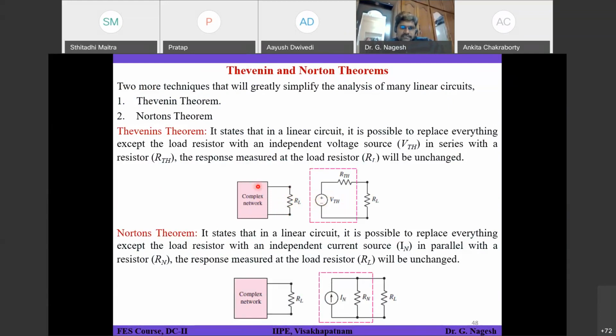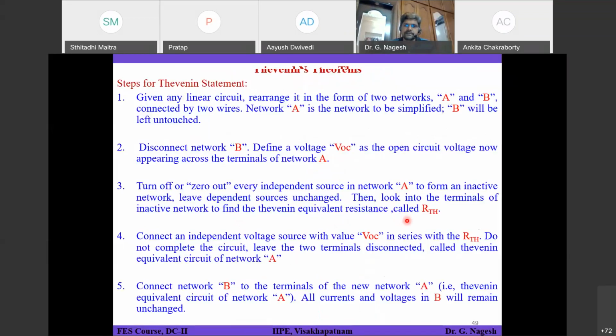Find out what is the resistance of this entire network when you are looking into the network from this right hand side. That means when RL is removed, open circuit terminals are there. If you are looking into the open circuit terminals, find out what is the equivalent resistance. That is nothing but your RTH, Thevenin's equivalent resistance. So the combination of VTH and RTH is called Thevenin's equivalent circuit.